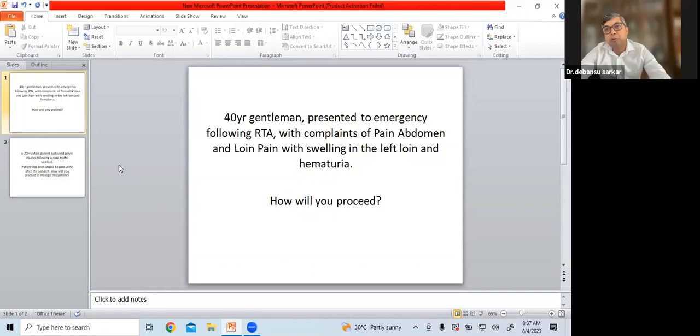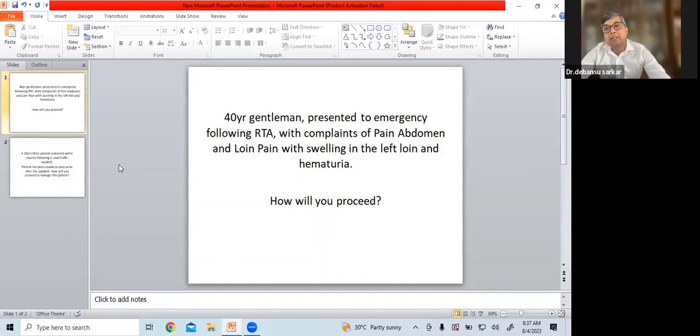Yes, you have to open up and repair, but suppose the injury in the pelvis is not at the PUJ and there is continuity of the pelvis and PUJ. You can put a DJ stent and wait to see how the patient behaves. Wait for any extravasation, wait for any sign of fever. If most of the urine is going through the stent to the bladder and very minimal is leaking, you can do conservative treatment in this patient also.